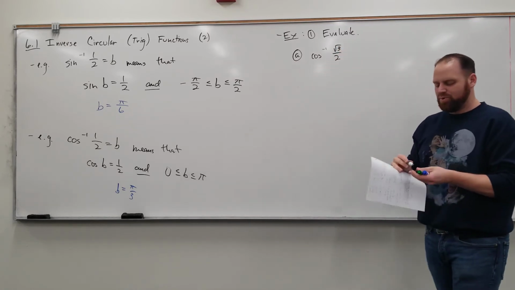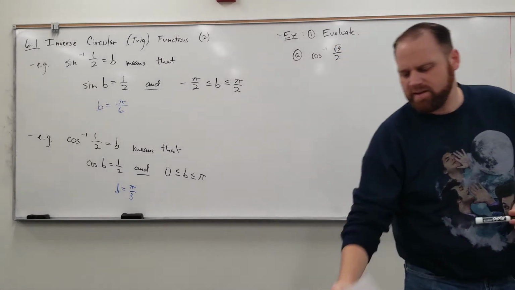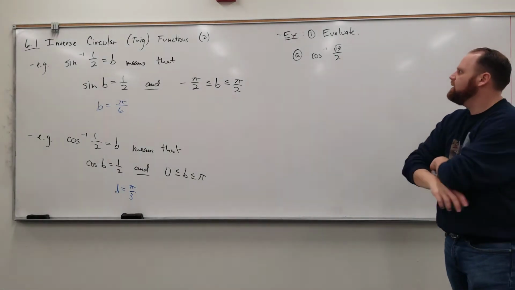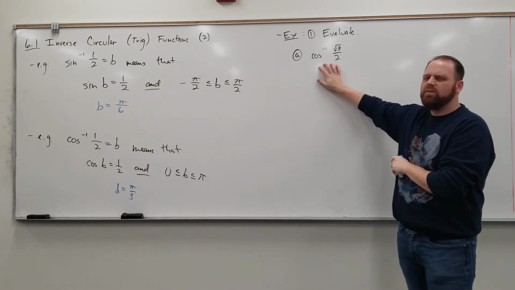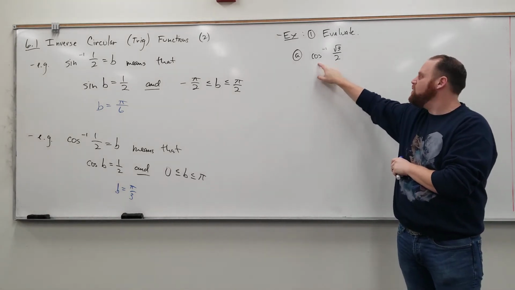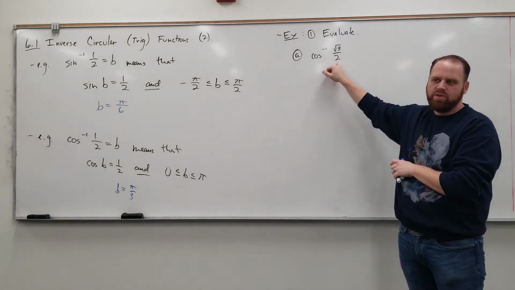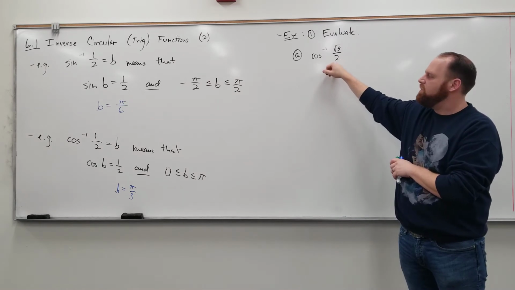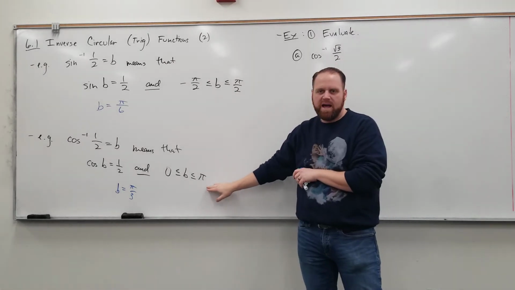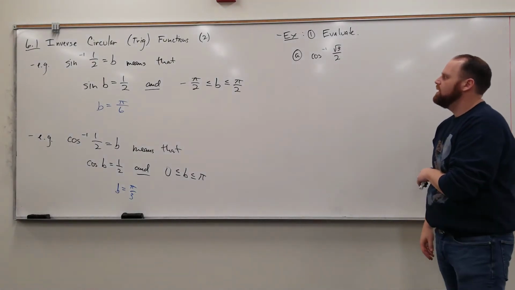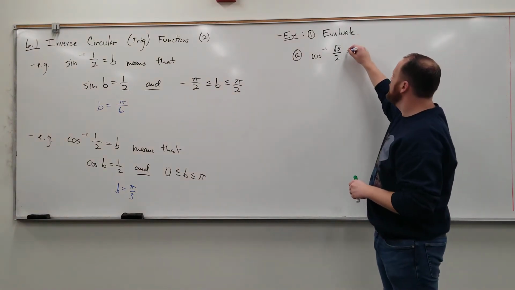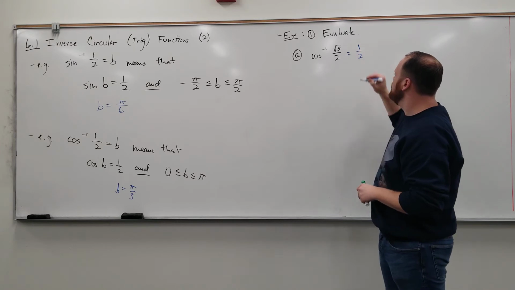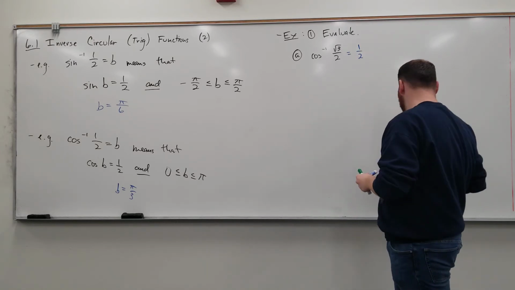Cosine inverse root 3 over 2. So we're looking for an angle so that cosine of that angle is root 3 over 2. But we need for the angle to live between 0 and pi. So the answer there has to be not 1/2, sorry.